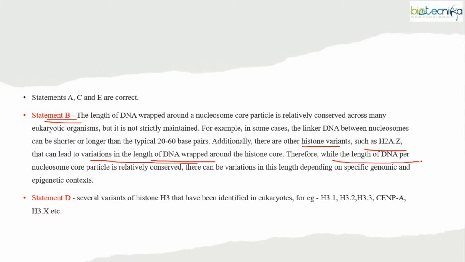So while the length of the DNA per nucleosome is relatively conserved, there can be variations depending upon the genomic and epigenetic context. Several variants are visible for all the histones. For H3, you can see H3.1, H3.2, H3.3, CENP-A, H3.X. So many examples of variants are seen.